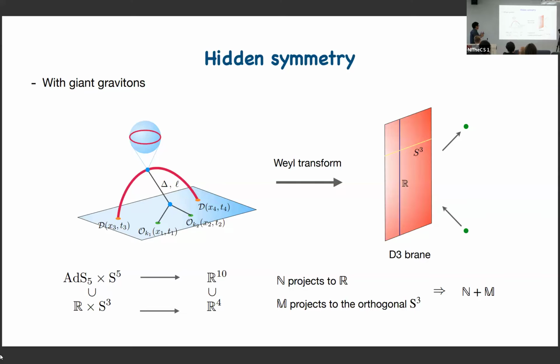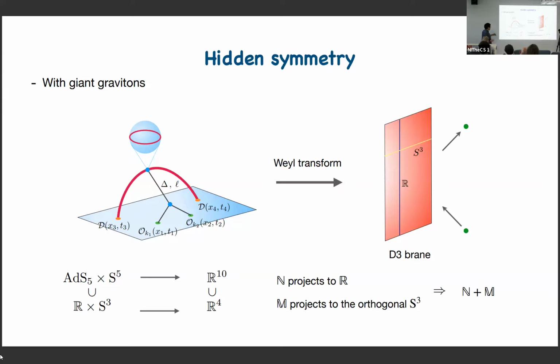Now, when we have giant gravitons, I mentioned earlier that they are really 4-dimensional objects. They are D3 branes with 1 dimension in AdS and another 3 being S3 in the internal space. So they occupy R times S3. But this R times S3 is also conformally flat because it's just embedded in a conformally flat background.